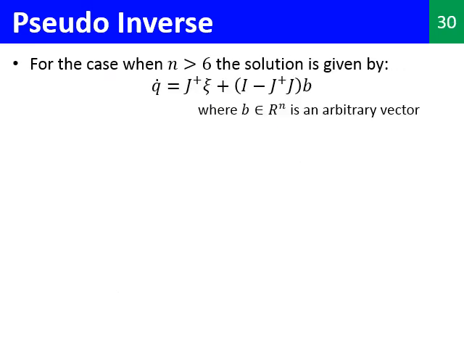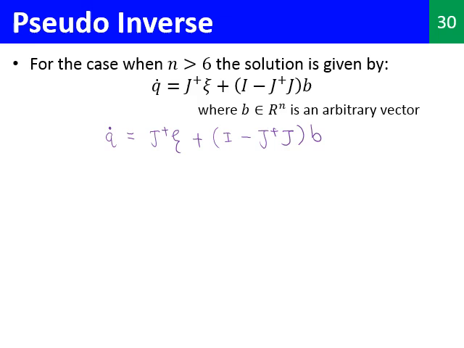Now for the case where n is greater than 6, the solution for q dot is given by the following expression, where b is an arbitrary vector. Now let's check whether this is true or not. So we have q dot equals J plus c plus (I minus J plus J) b.